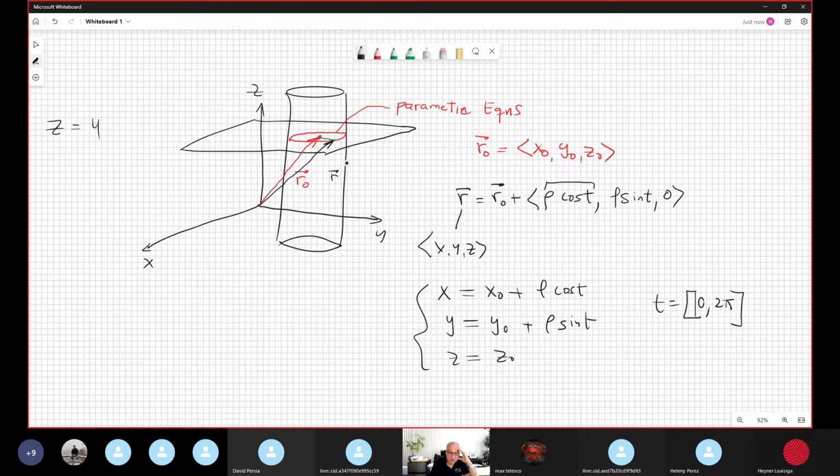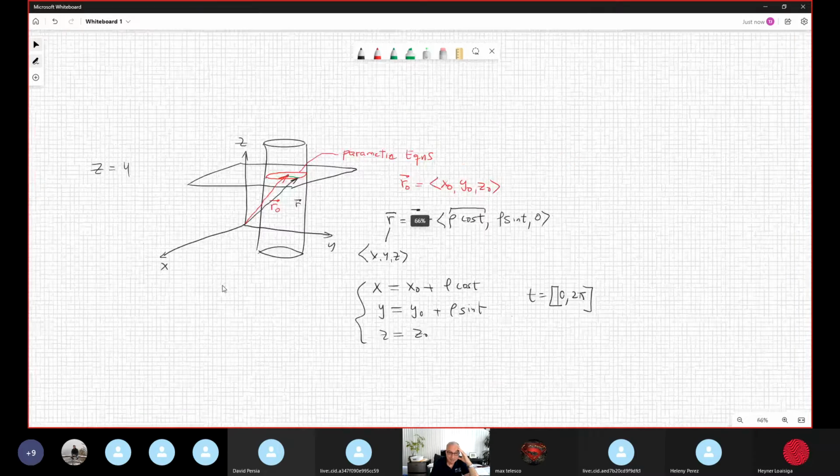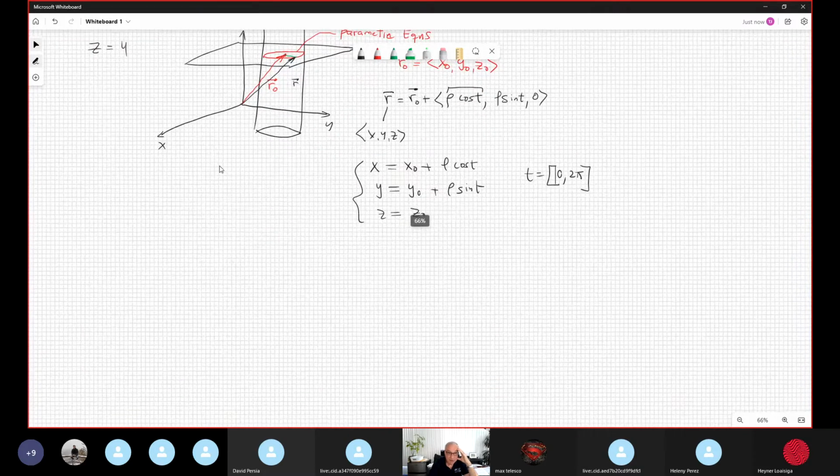That circle, okay, that circle is in 3D. Now, one fantastic way to write a vector value function. Oh, this is one possibility, but more elegant is, look, R vector value function t is equal R null plus rho, que rho is the radio, guys. What is the reason, professor, you call rho and not R? Because of confusing R with another letter R. So I call rho the radio, the distance.